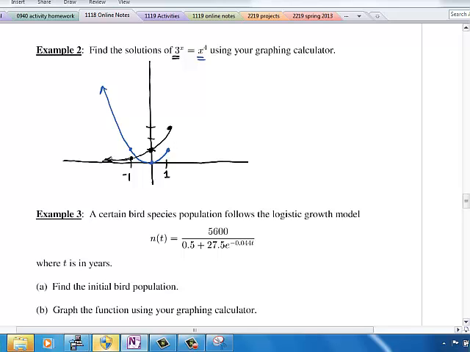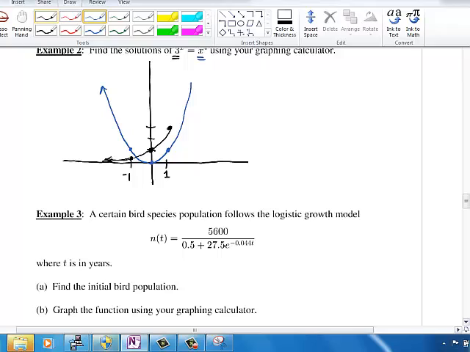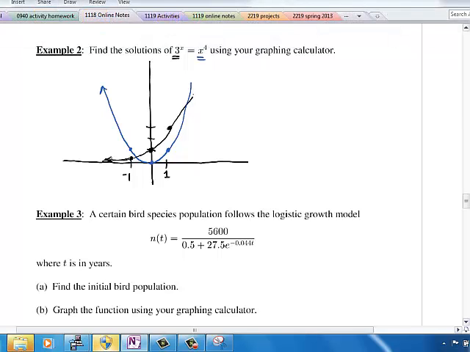What we're also going to see is that somewhere here, x to the 4th is going to get higher than 3 to the x, just for a moment.